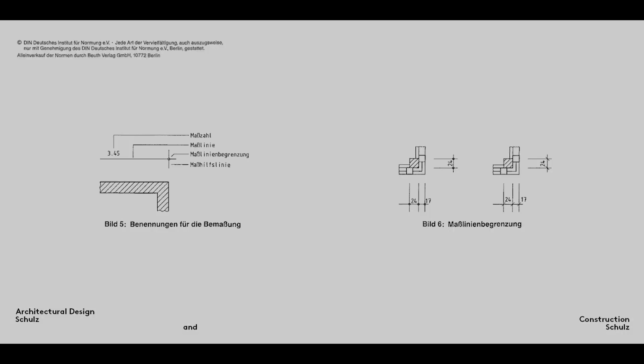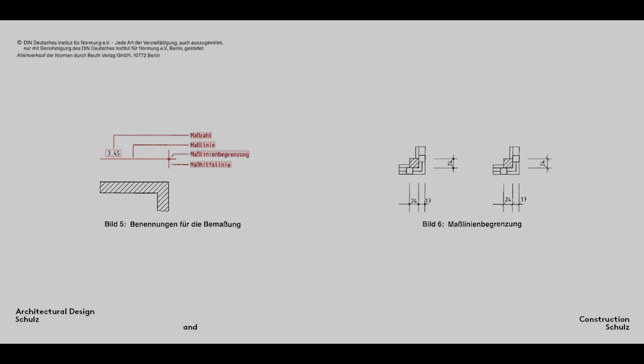But how are these different dimension types indicated? Figures 5 and 6 in German Standard DIN 1356-1 provide help here by defining some technical terms. The dimension value gives the measurement of an individual component. A dimension line provides a reference for the dimension number, while an auxiliary dimension line marks the start and end of the dimension line.